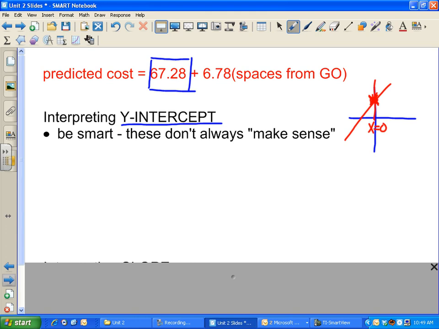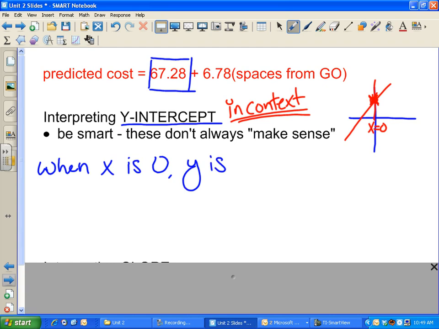When my x value is 0, what is my y value? But of course, I'm going to do it in context. In context means I explain the story problem as I go. So I said it's when x is 0, y is this number, 67.28.